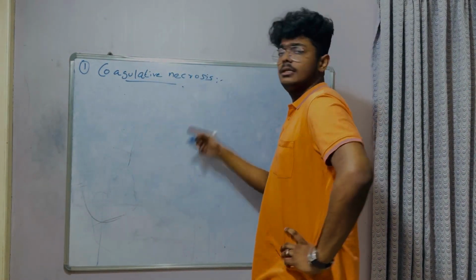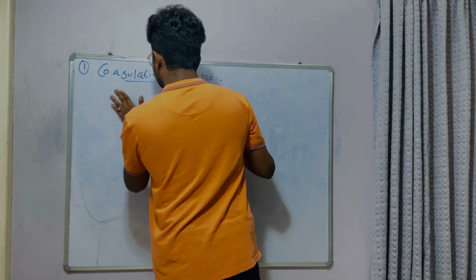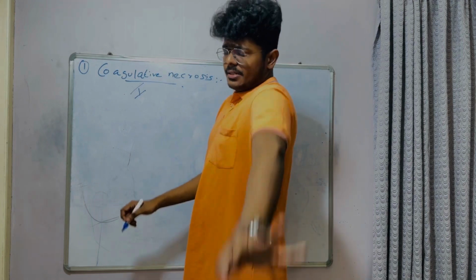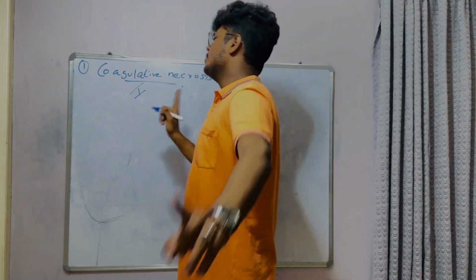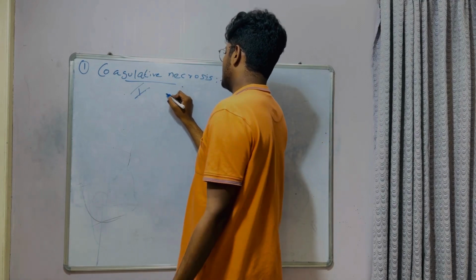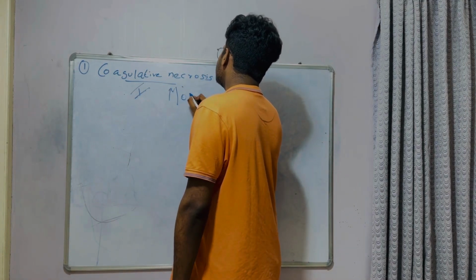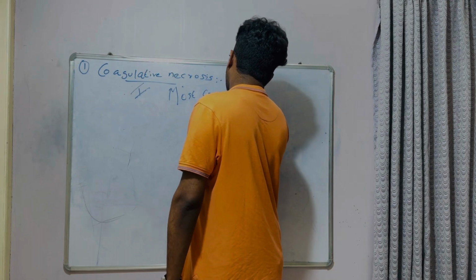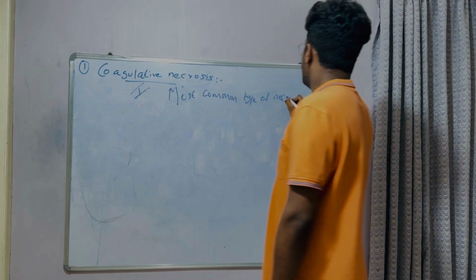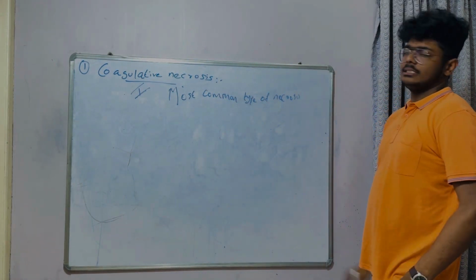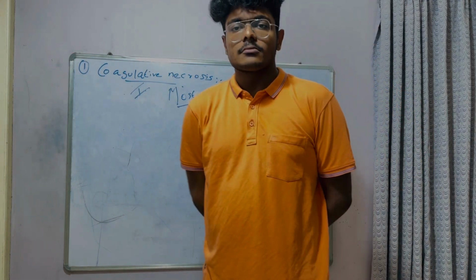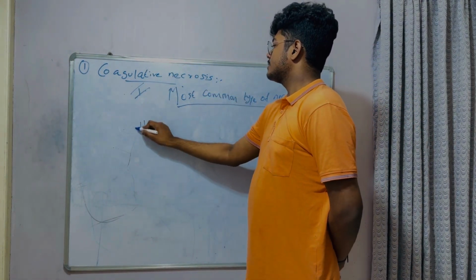Write down, it is the first and important point, asked in a number of university examinations and a number of entrance examinations. It is the most common type of necrosis.